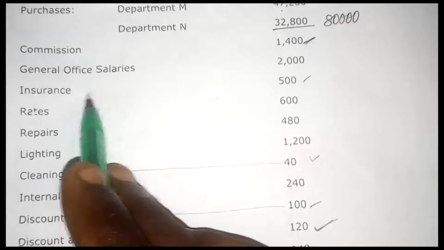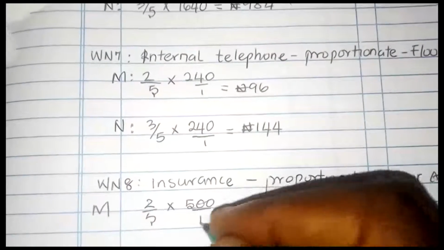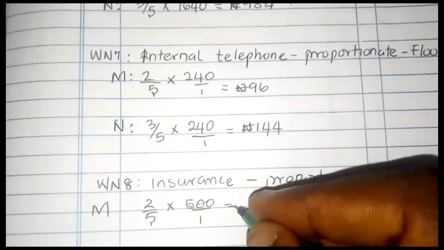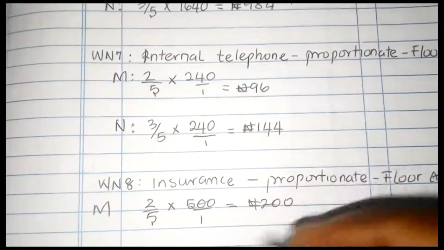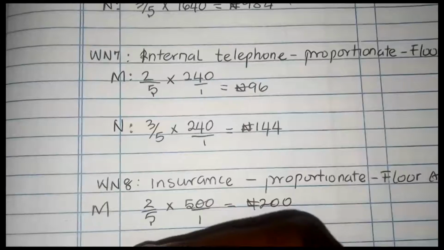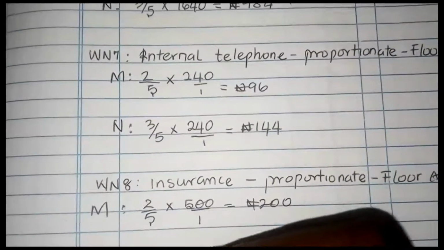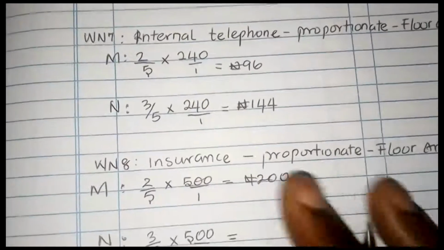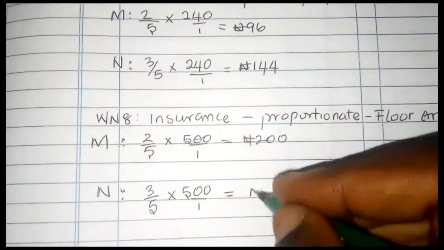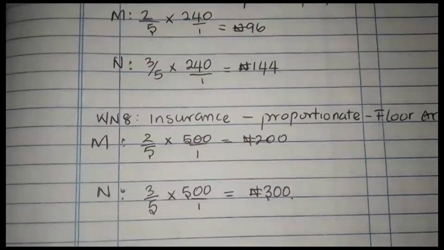As you can see, insurance is 500. All right, so we have 500 over 1, and this should give you 200 naira. Then N, 3 over 5 multiplied by 500 all over 1. Please, in the exam, make sure you use your calculator, so that you will rest assured. That is 300.